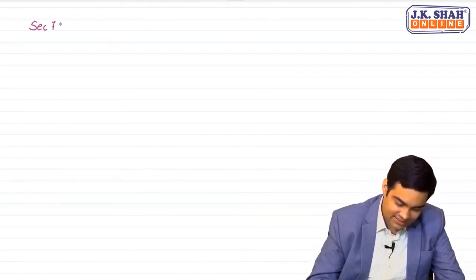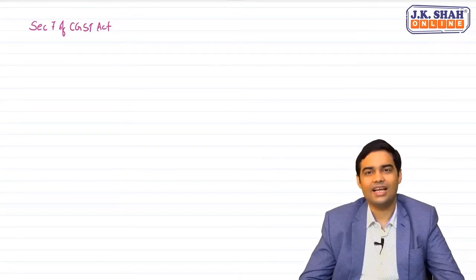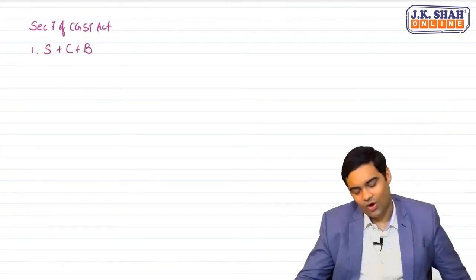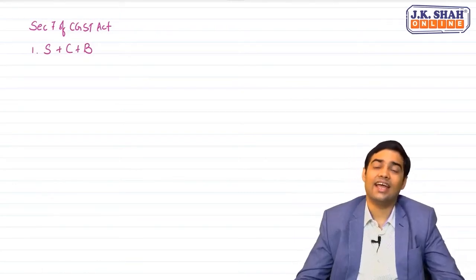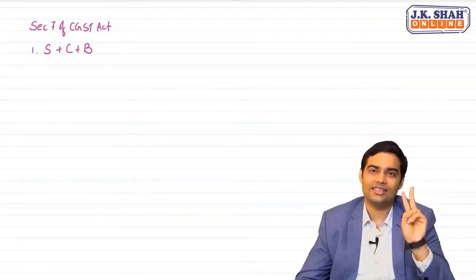So, section 7 of CGST Act, let's see what does it provide. The first provision is where 3 conditions are satisfied. There is a supply for consideration in the course or furtherance of business. Again, supply for consideration in the course or furtherance of business.